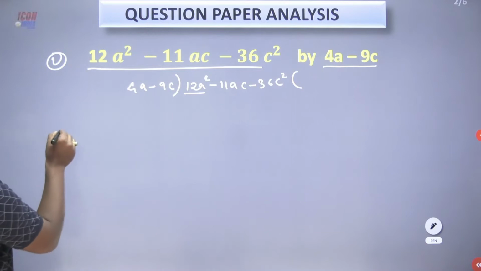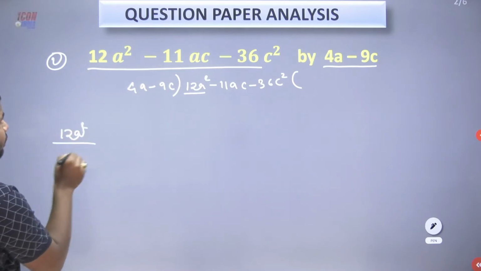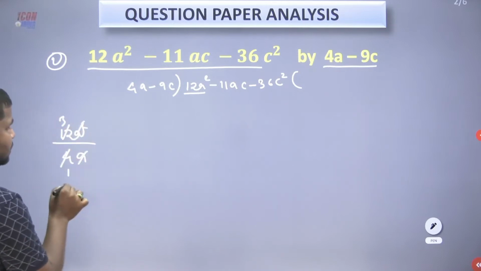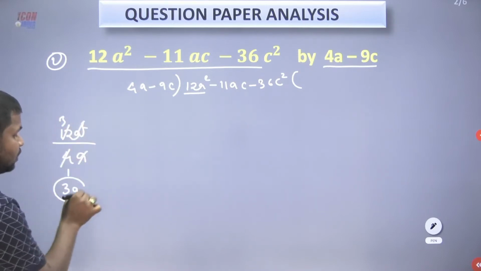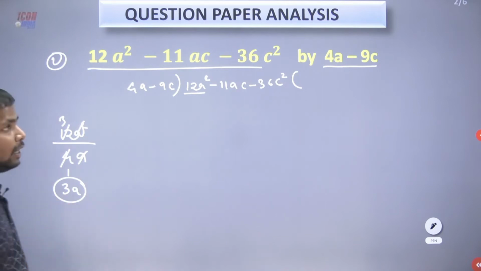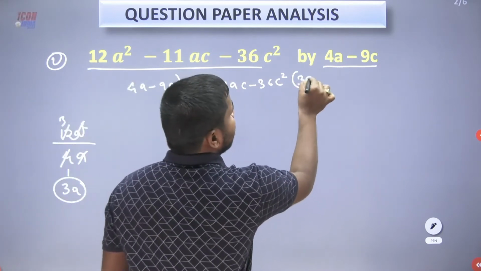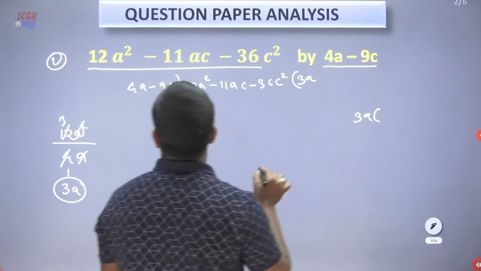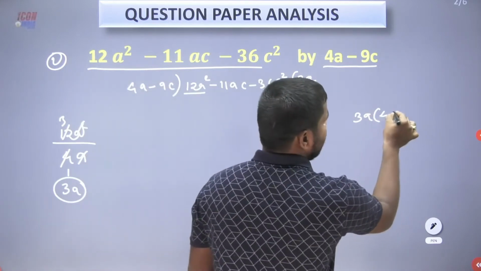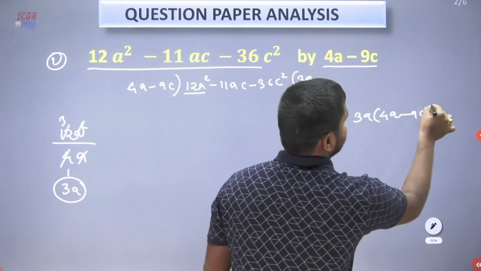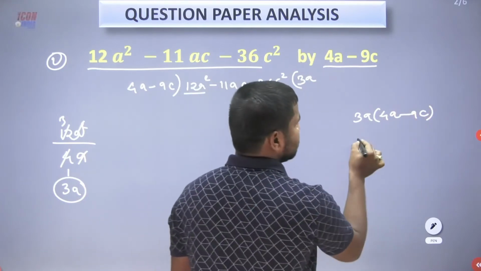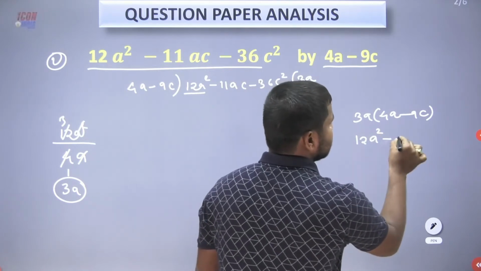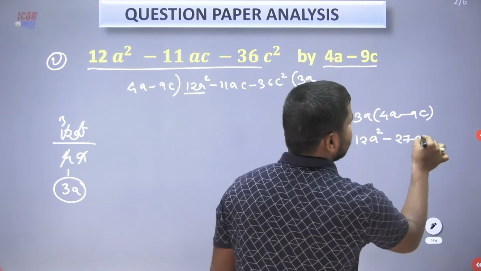12a square divided by 4a: 4 1s are 4, 4 3s are 12, and a will get cancelled and the remaining is 3a. So we need to multiply with 3a. If you multiply 3a into 4a minus 9c, 3 4s are 12 and a into a will become a square, and minus 3 9s are 27, a into c will become ac.